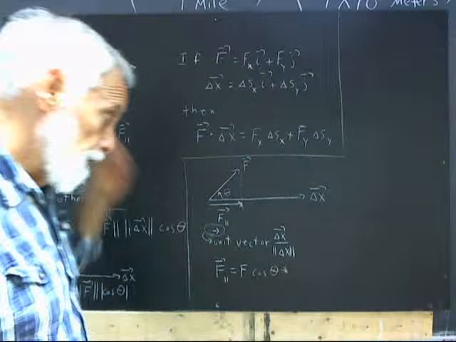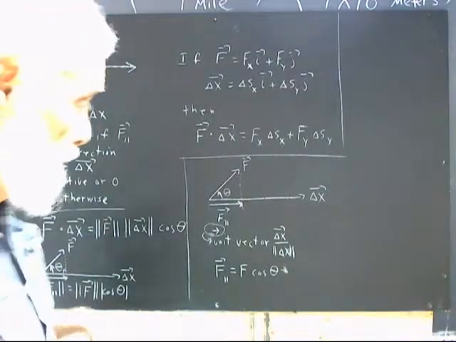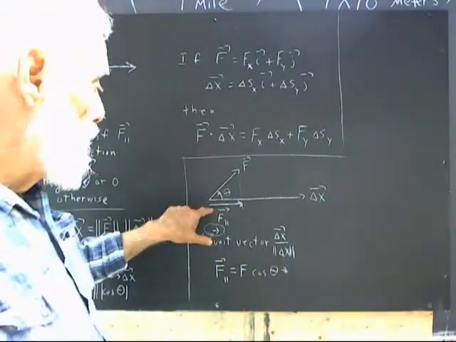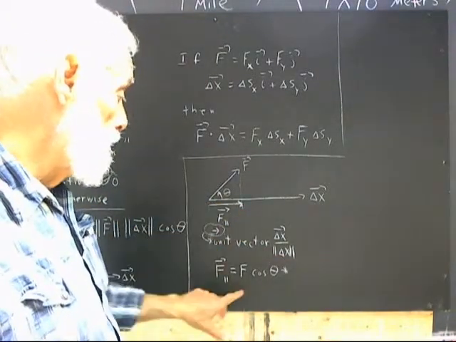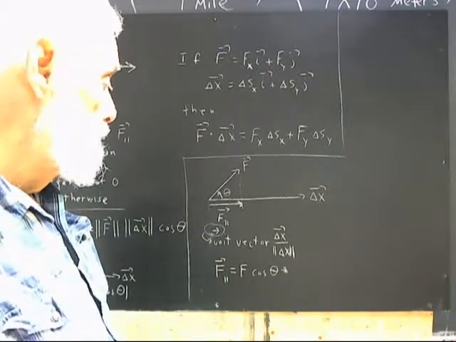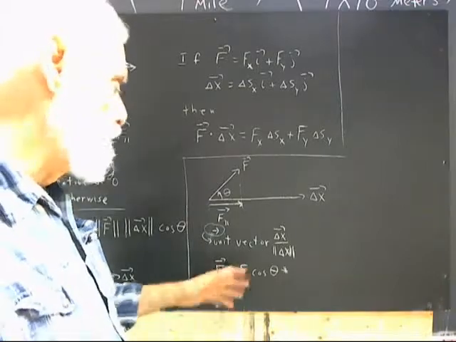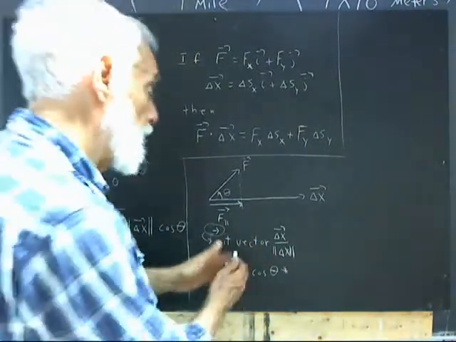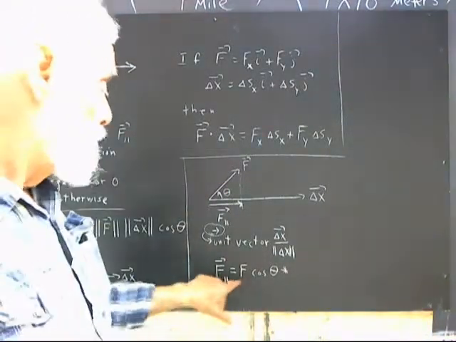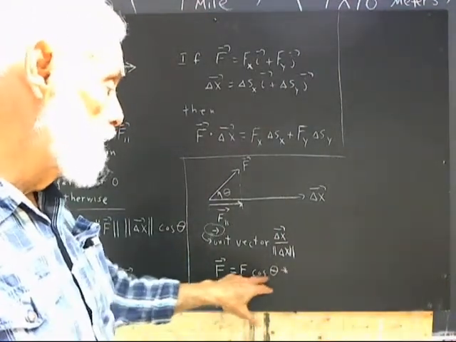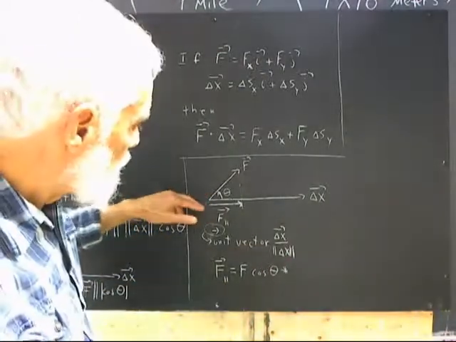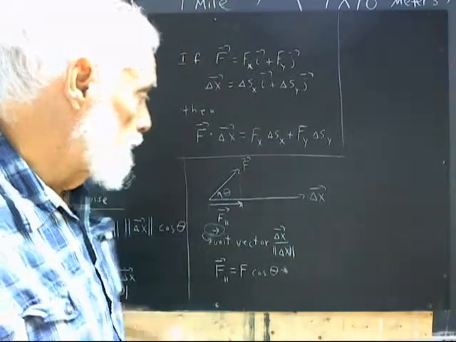Now that's an advantage, because we're going to use this unit vector in a minute. We know that the magnitude of F parallel is the magnitude of F cosine theta. So we have to have a vector whose magnitude is F times cosine theta in order to have the vector component of F in the direction of delta x.